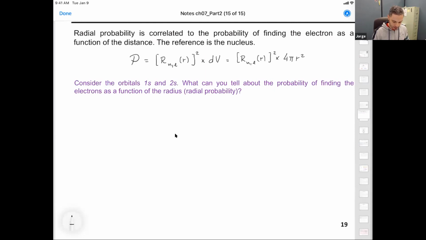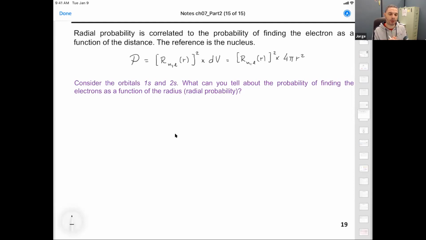To illustrate what I'm talking about, let's consider the orbitals 1s and 2s. First shell and second shell. What can you tell about the probability of finding the electrons as a function of the radius for the electrons in the 1s orbital and in the 2s orbital?